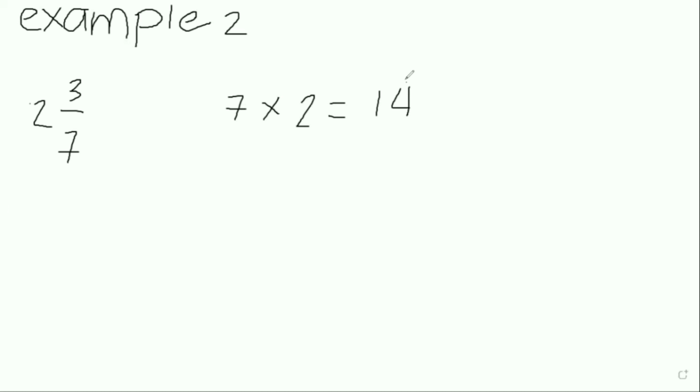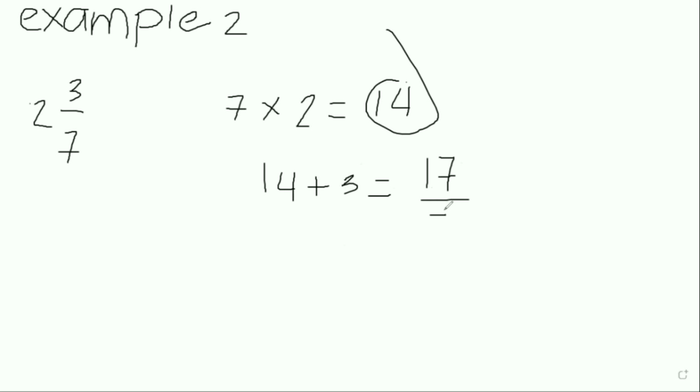And then this product will be added to the numerator. So 14 plus 3 equals 17. So this answer will be our new numerator. And then we are just going to copy the denominator. So our answer is 17/7.